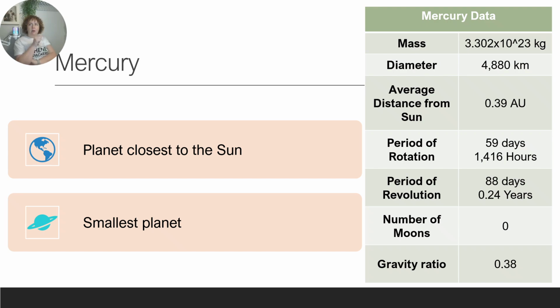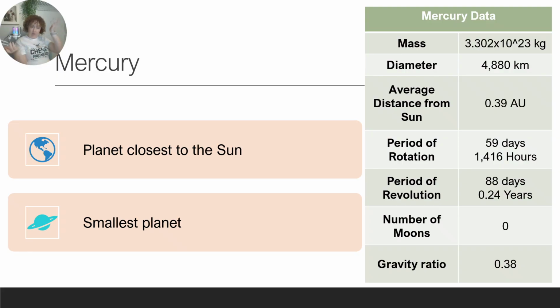So we have to remember that the closer to the sun we are, the harder it is for things to turn on their own axis. Its period of revolution, so its year, is only 88 Earth days. So you barely get through 2 days on Mercury before Happy New Year.